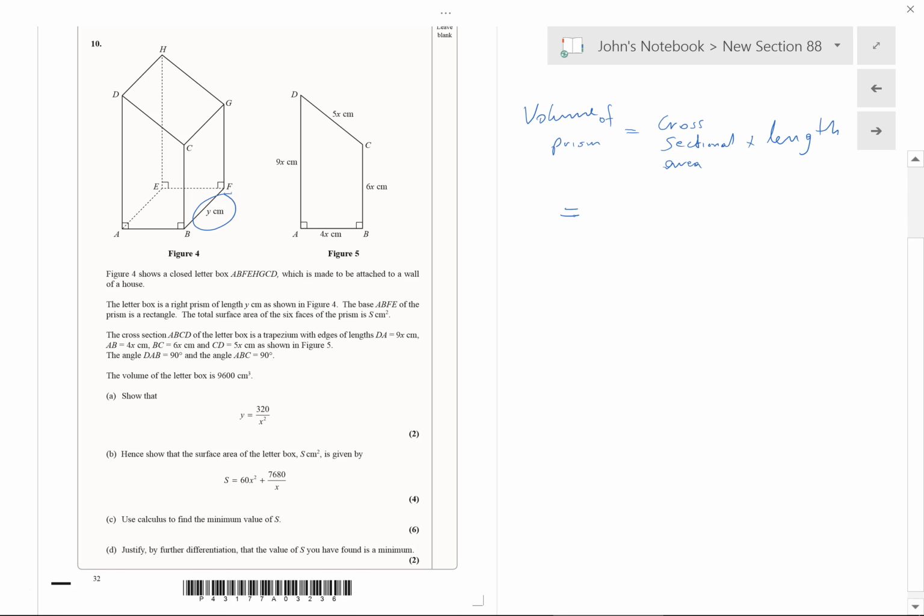So that equals, now we've got the area of a trapezium, these two bits added together. So that's 9x plus 6x, all divided by 2, times the 4x in between.